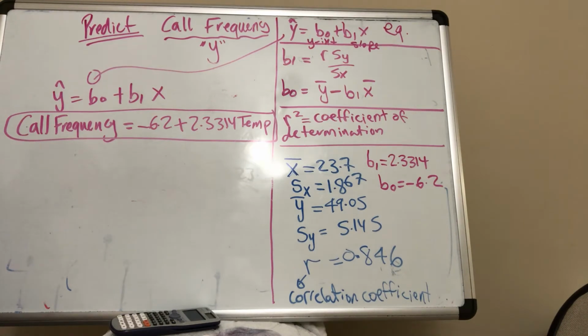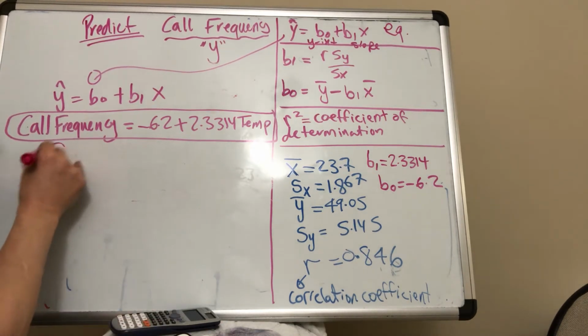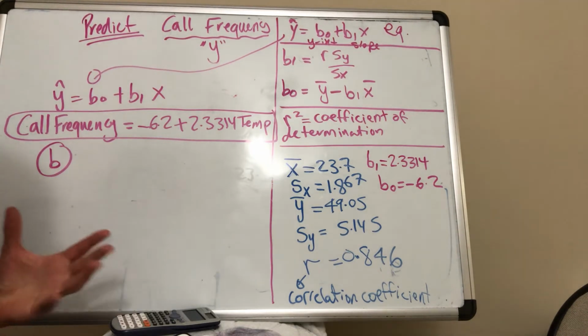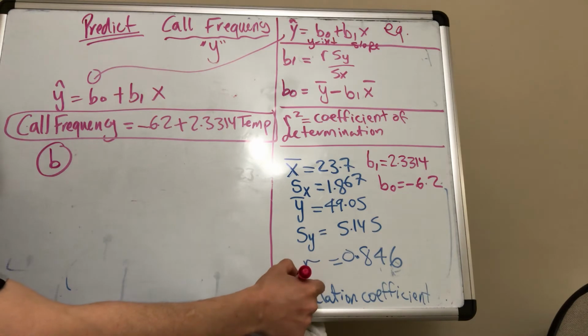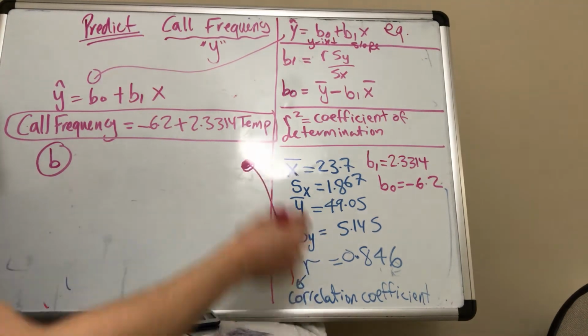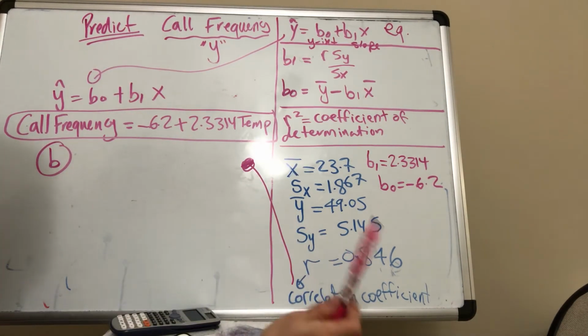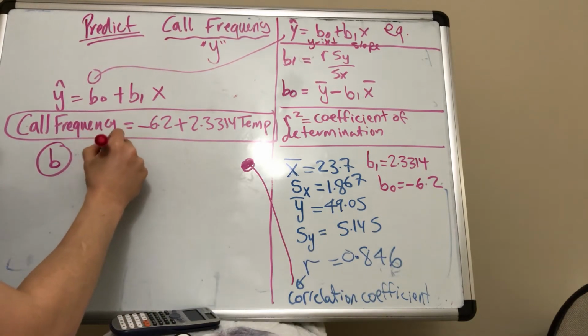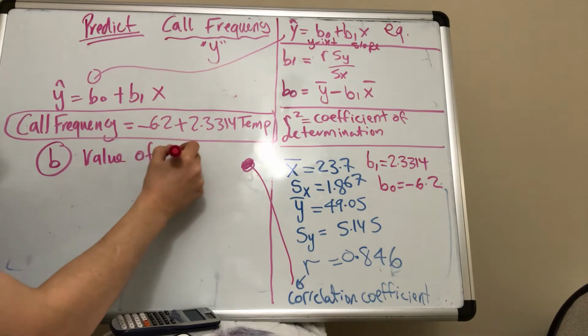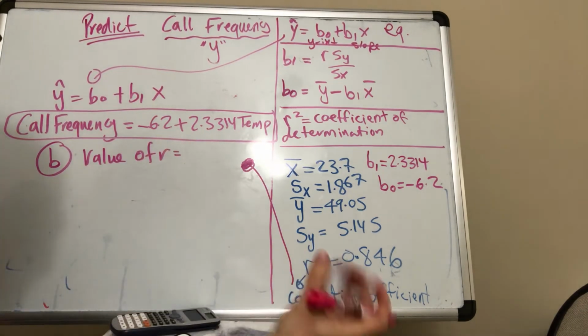Okay. And B, in one sentence, explain the meaning of your regression model with respect to the decreasing temperature. So, when they say explain it in terms of increasing or decreasing, they want you to talk about correlation. Correlation tells you two things. You first look at the value of R, whether it's positive or negative, look at the value.